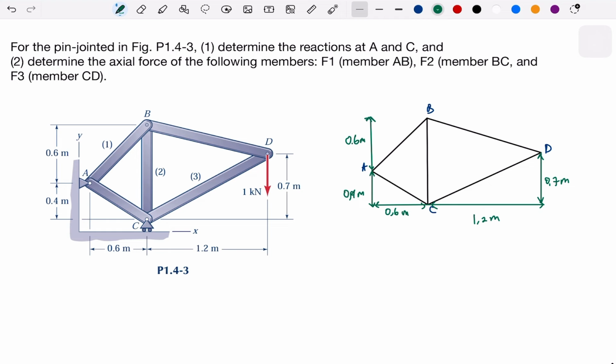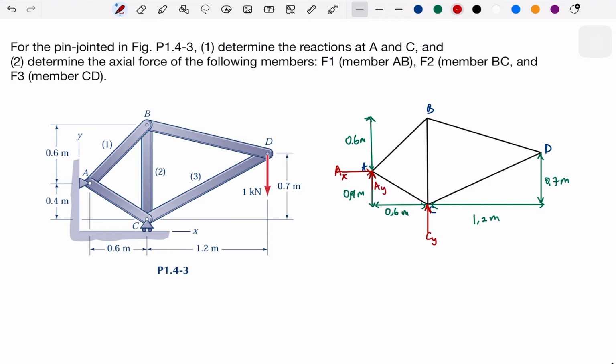And then we write the reaction forces. So the reaction force on C, we can write maybe going up like that, and we name it Cy. And then on A, we can write down this is the Ax, and then maybe slightly here, this is the Ay.